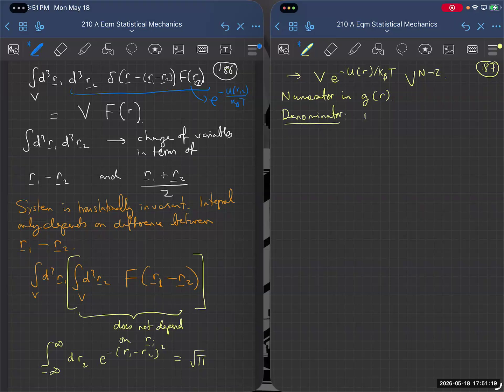well, now there's no delta function to force particles 1 and 2 to be close together.